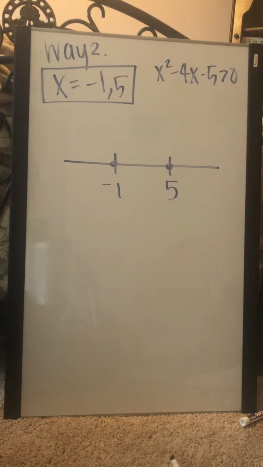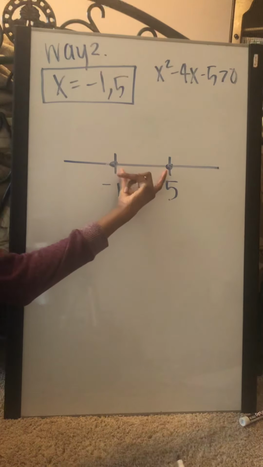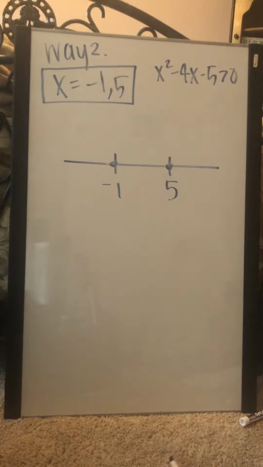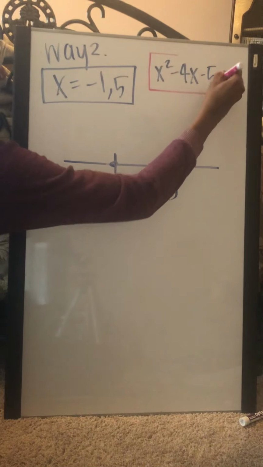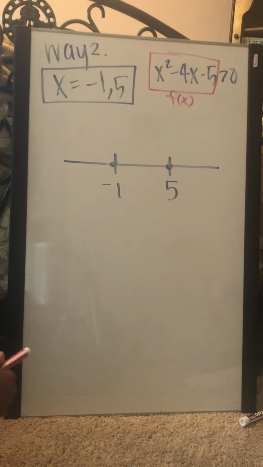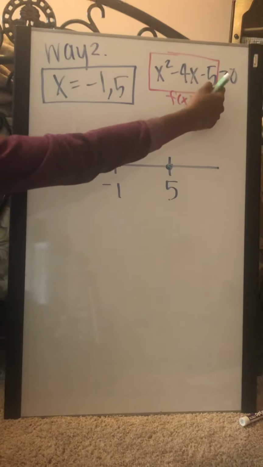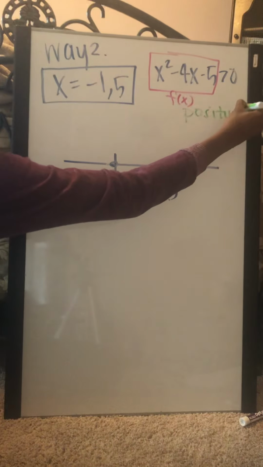You just need to figure out whether this interval is positive or negative, this one's positive or negative, and this one is positive or negative. And again, we are looking for the positive values because this box right here, which is our f of x, is positive. And it's positive because it says greater than 0.